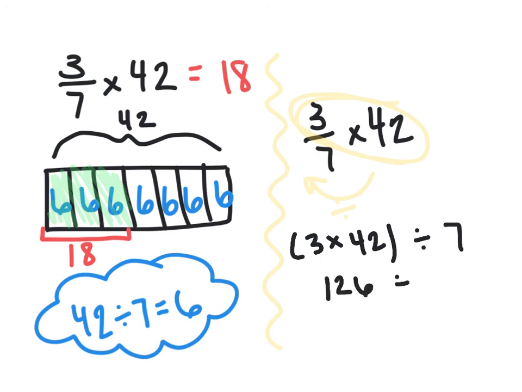I did that on a separate sheet of paper. And then I would need to use long division to solve for 126 divided by 7. And I did that on a separate sheet of paper, and it got me 18. And that answer matches the answer that I got before. So now you know 3 different ways to find a fraction of a set. You can use a picture, a bar model, or algebra.